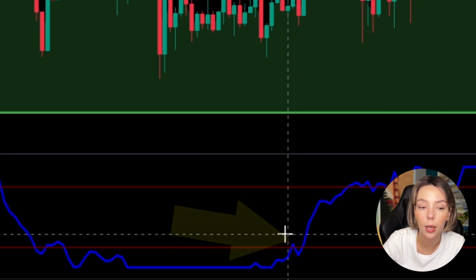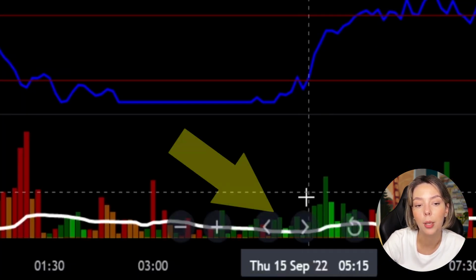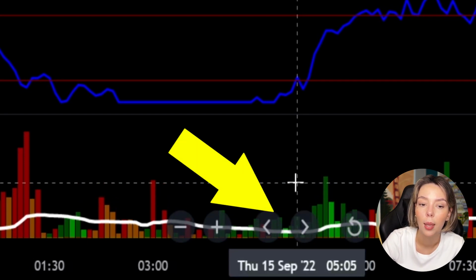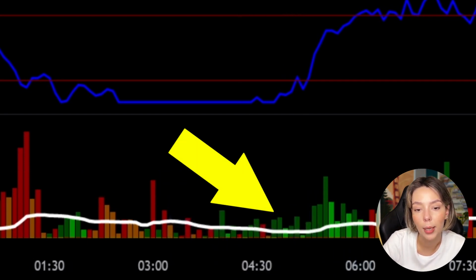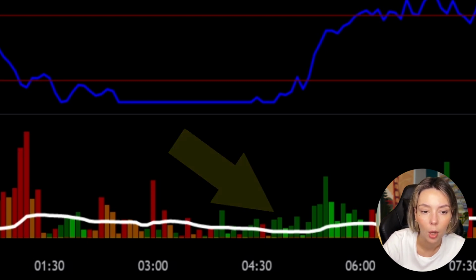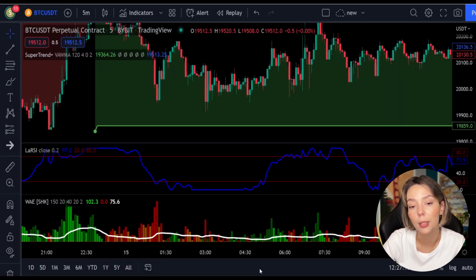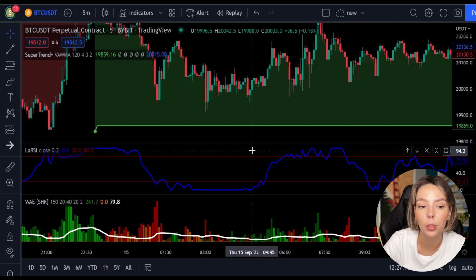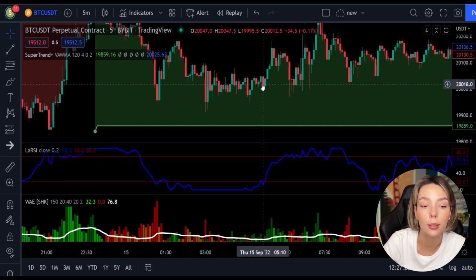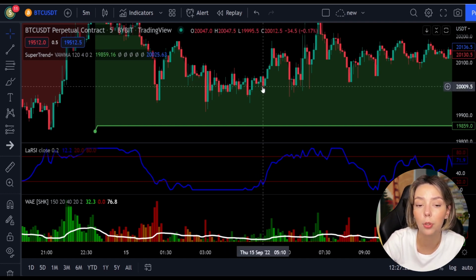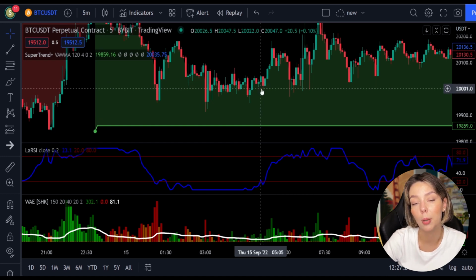Number 3. On the Vedha Eta Explosion, the bar needs to be colored in dark green, and it needs to break above the explosion line, exactly like this. Once all these conditions are met, you can go in for a buy trade right at the close of that candle. Don't panic if you don't get it, I will show you multiple examples soon.